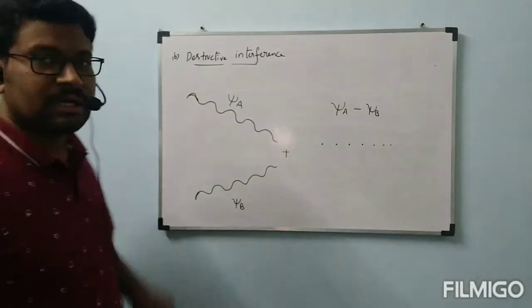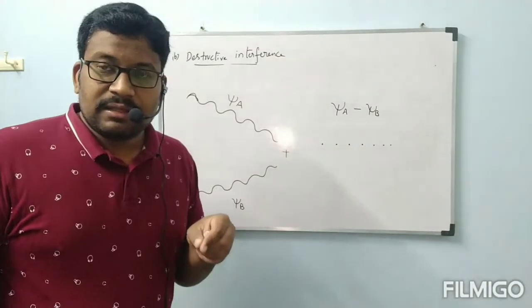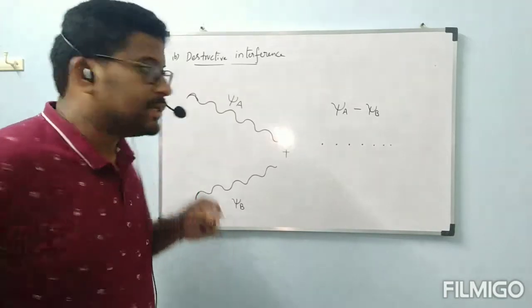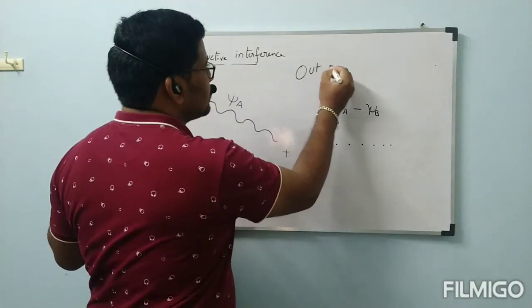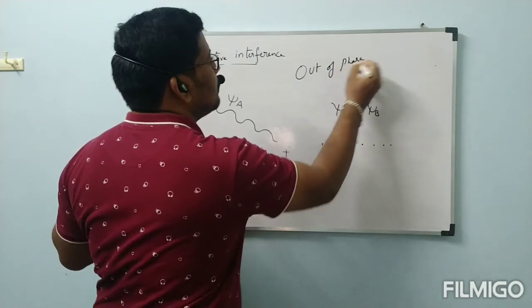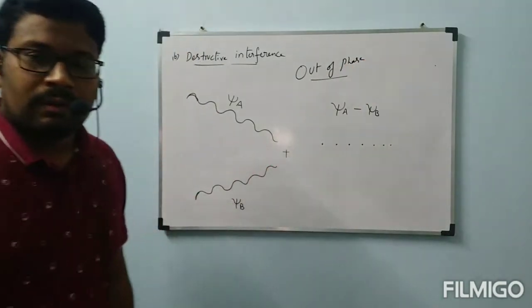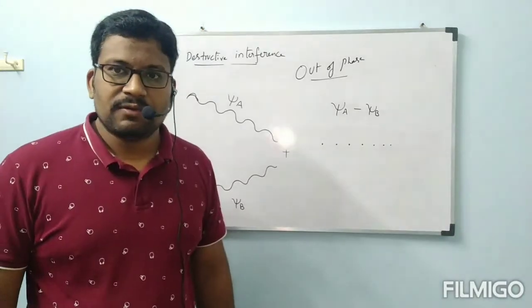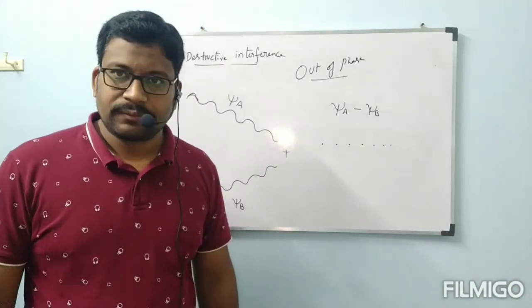Okay, this process is called destructive interference, and when this destructive interference happens, the waves are said to be out of phase.